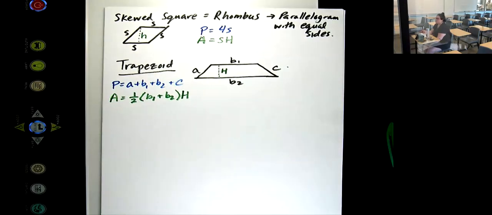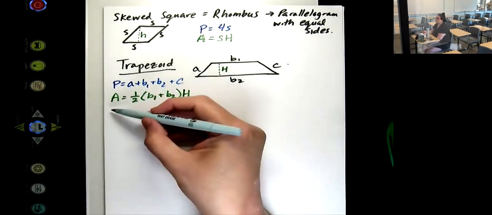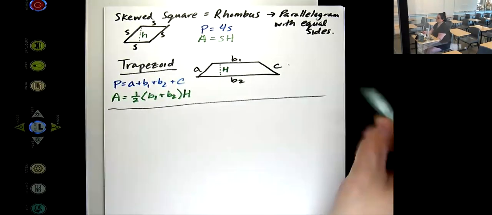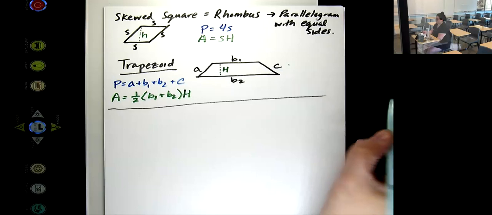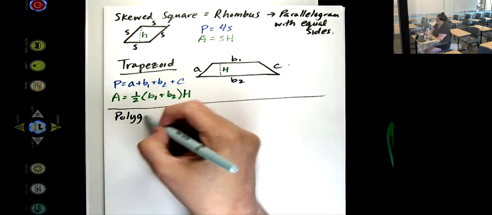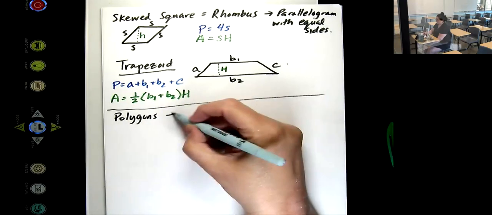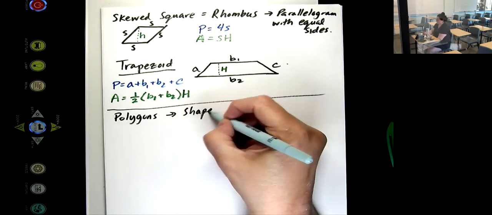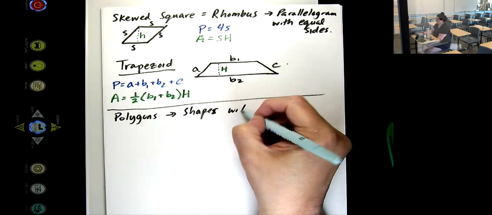All right, so all of these, what do I want to call them? These are all polygons. Polygons are shapes with a countable number of sides.